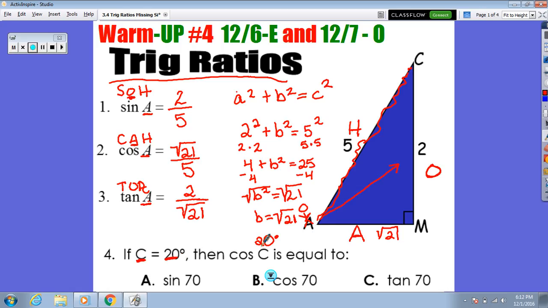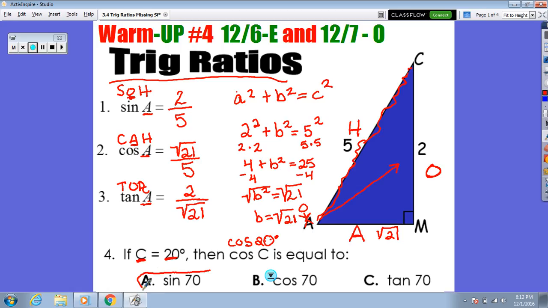So I just plugged that in for C. So the cosine of 20 degrees is equal to what? Remember, we have to do the sine of the other angle that when we add it to 20 gives me 90 degrees. This was in our first lesson when we first learned trig ratios. So if this one is 20 degrees, what does the degree measurement of the sine have to equal?